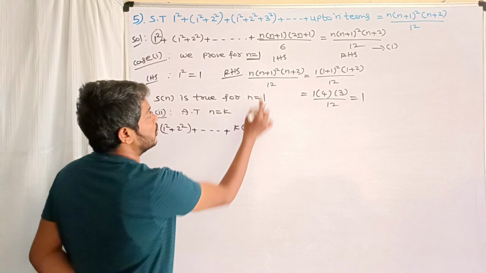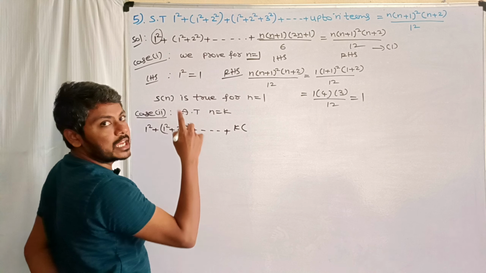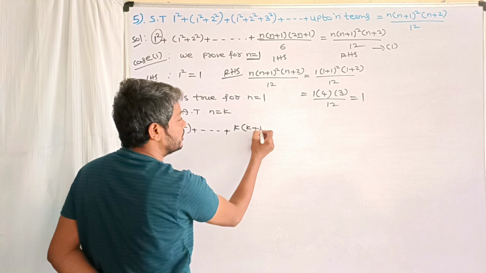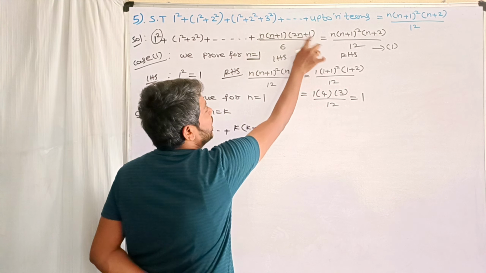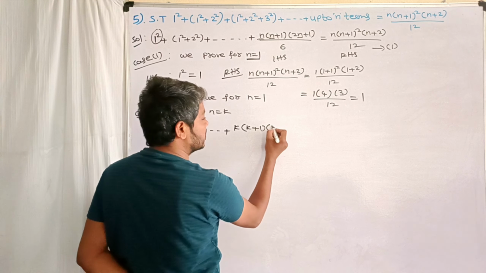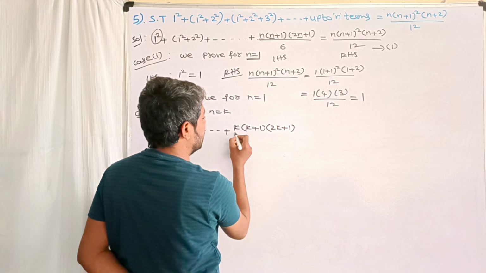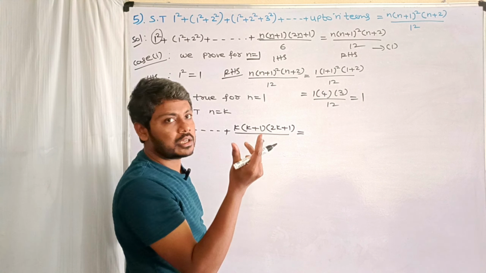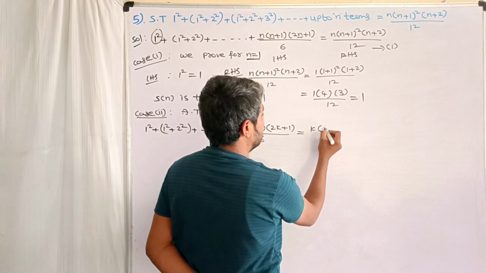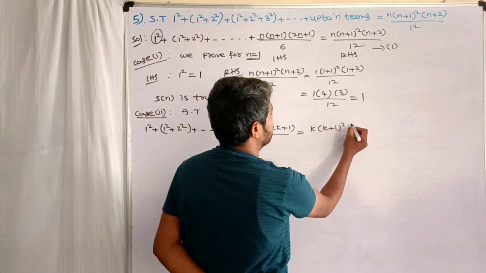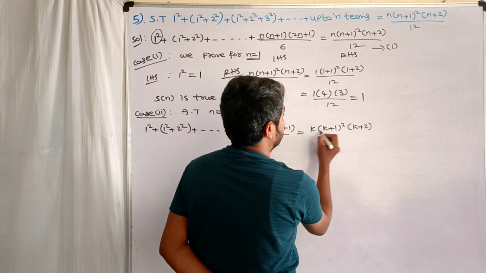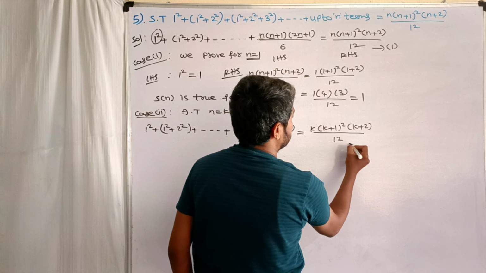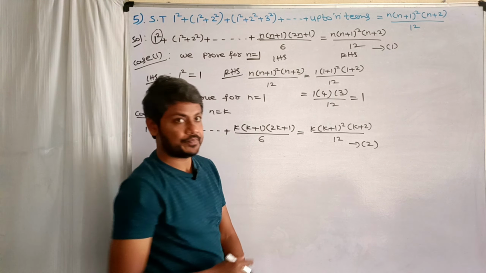That is k into (k plus 1) into (2k plus 1) divided by 6. On RHS also replace n by k, that is k into (k plus 1) whole square into (k plus 2) divided by 12. So this is equation 2.